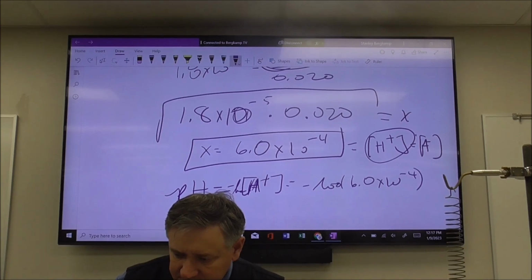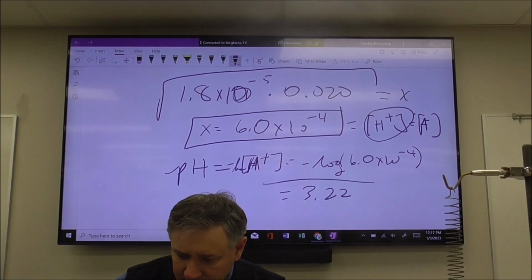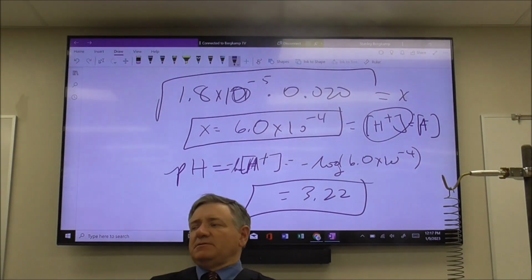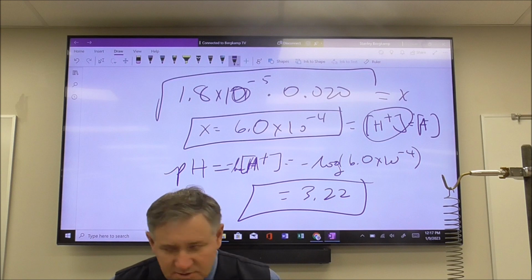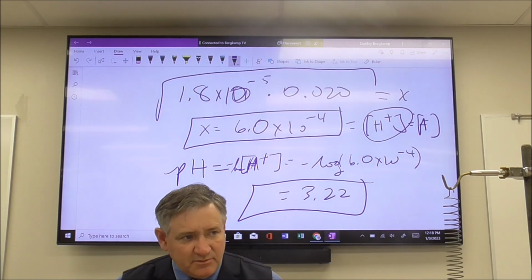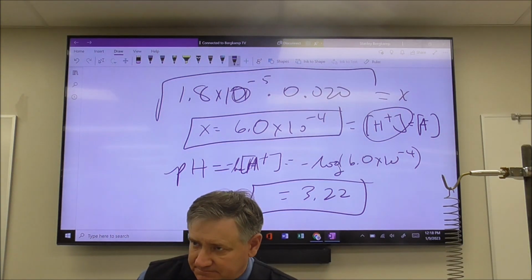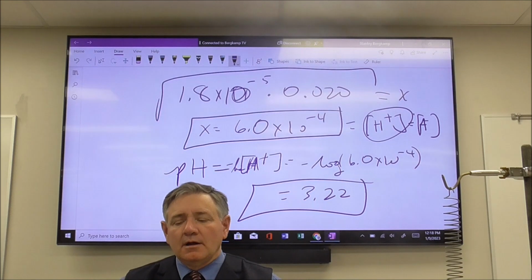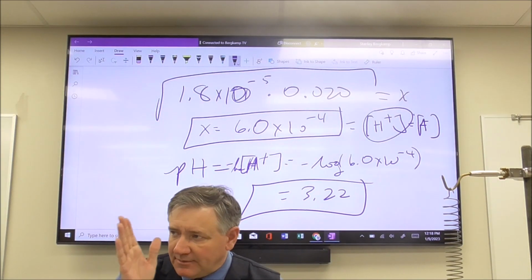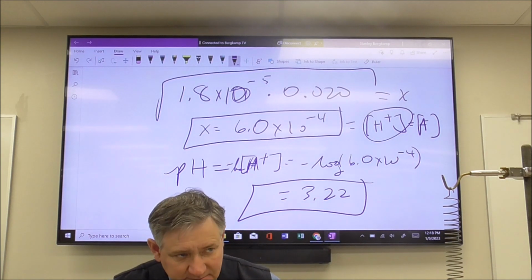And what do you get? 3.22. Okay? So that gives me my theoretical concentration of my hydronium ions, and it also tells me what my pH should be. Cool with this? Now, that's if it's a weak acid, okay?